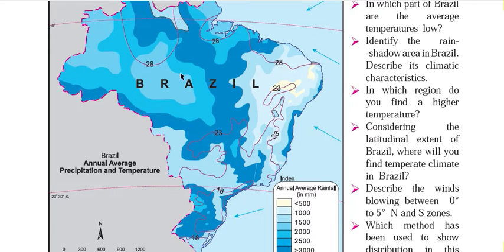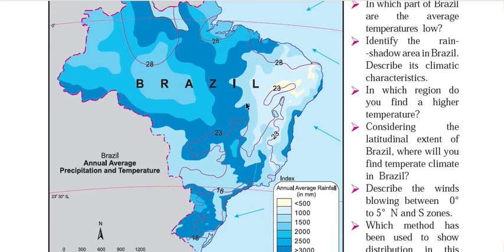Sorry, it is an equatorial belt, then it is a tropical belt, and then it is a temperate belt. So the equatorial belt has very high temperature and rainfall occurs in this region.